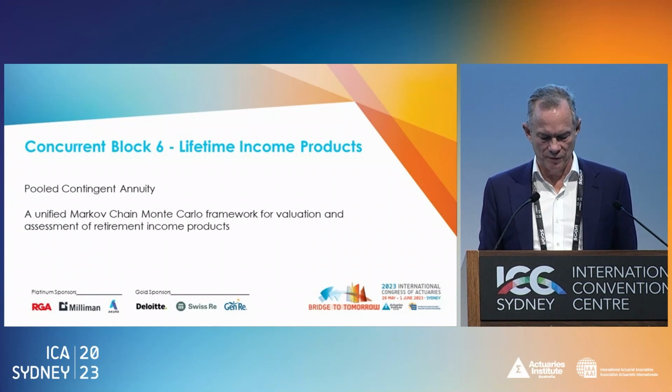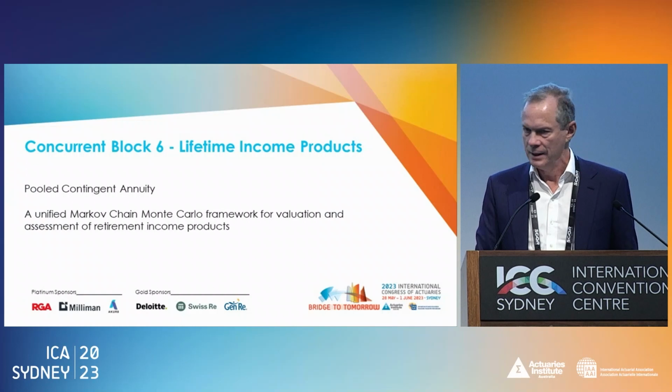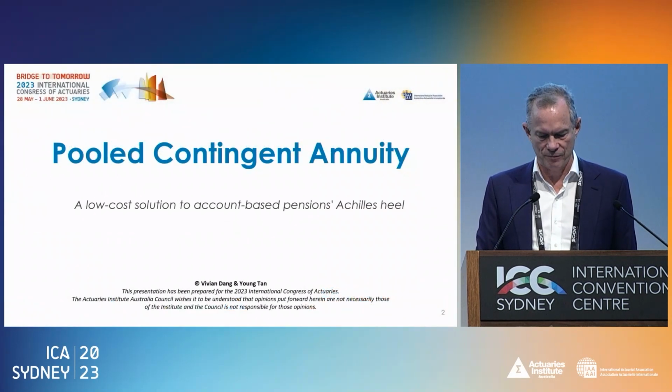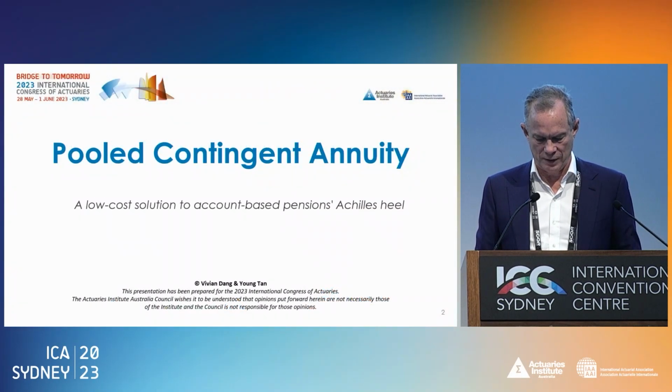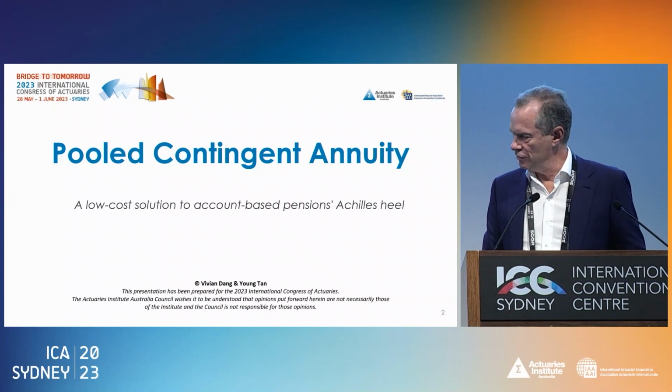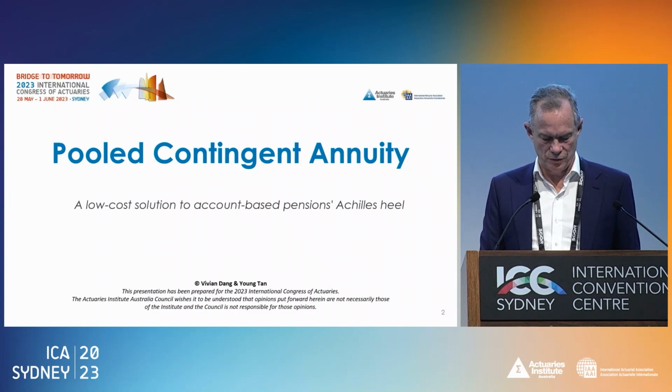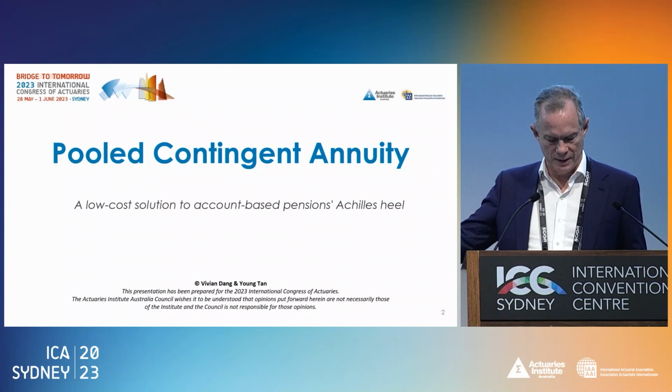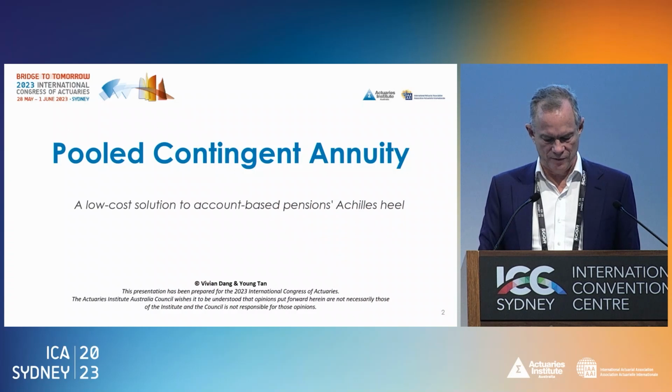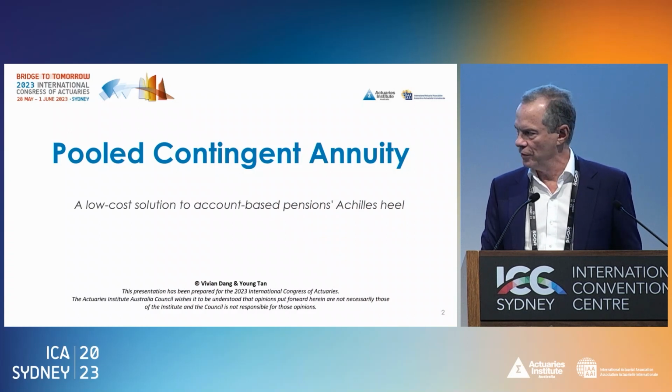So we'll come to that one, but first let me introduce the first paper, Pooled Contingent Annuity. There's a paper on both these presentations, so I encourage you to have a look at those if you haven't already. We've got two speakers with us today to jointly present this. Closest to me is Vivian Deng, strategy lead at UniSuper.